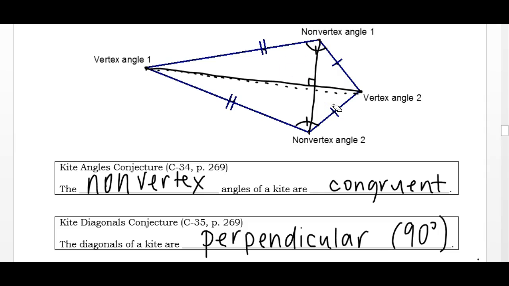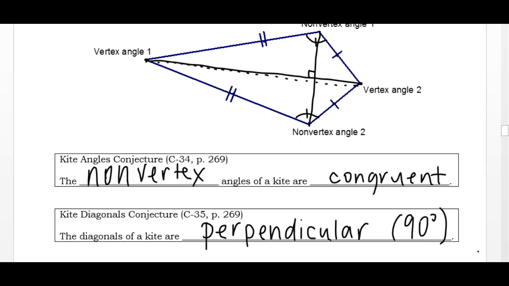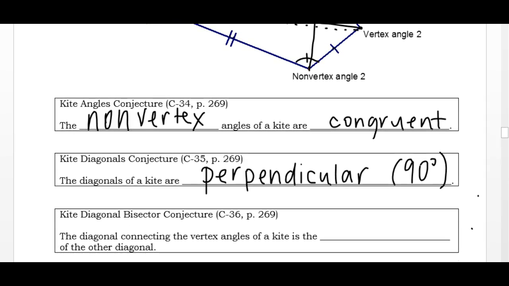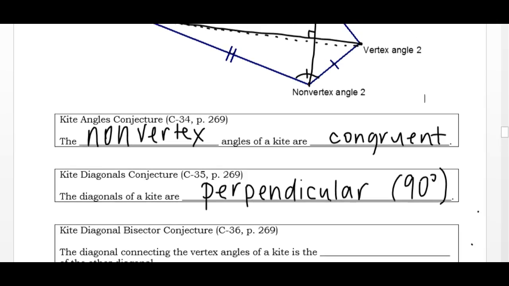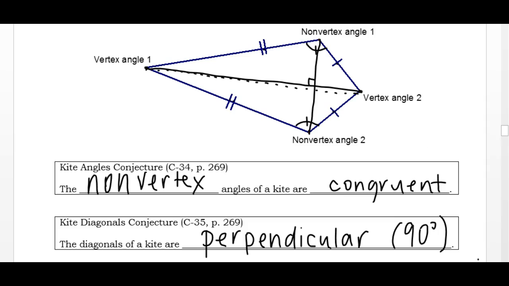My next conjecture states the diagonal connecting the vertex angles of a kite is the blank of the other diagonal. Okay. So it's saying that this diagonal here is exactly cut in half by this diagonal here.